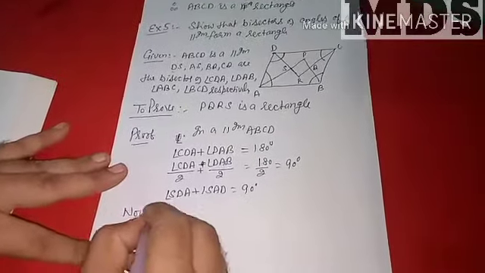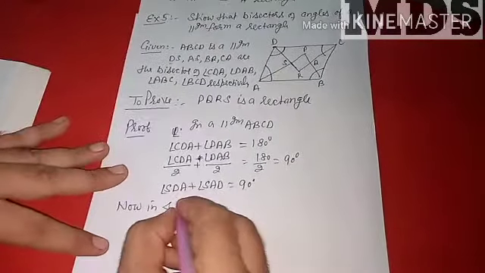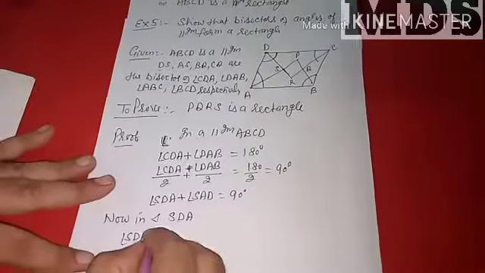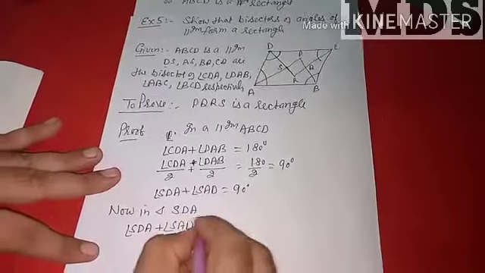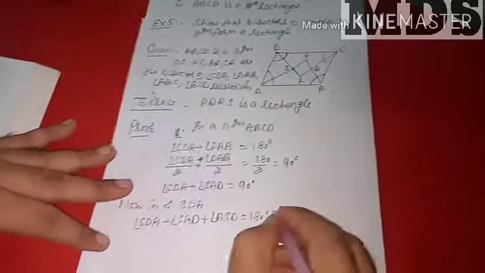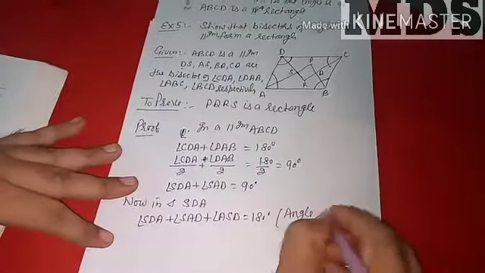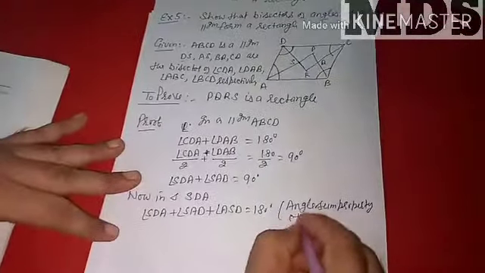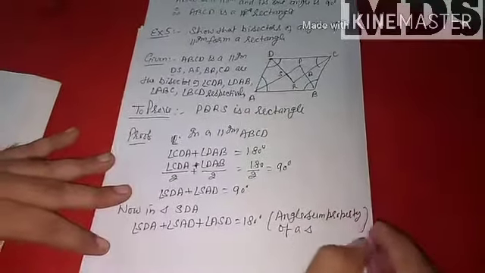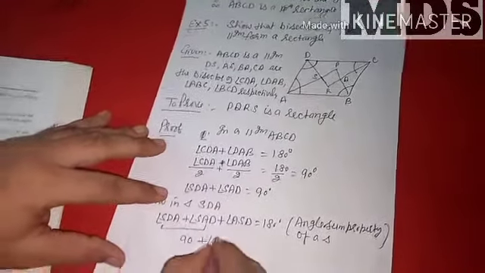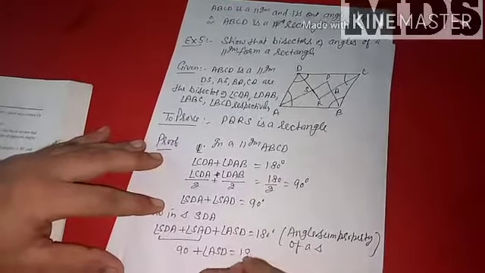Now in triangle, which triangle? SDA. Angle SDA plus angle SAD plus angle ASD is equal to 180. Why? Angle sum property of a triangle. What's the sum of angles of a triangle? 180 degrees. Understood? What's the sum of these two? 90 degrees. 90 plus angle ASD is equal to 180 degrees.